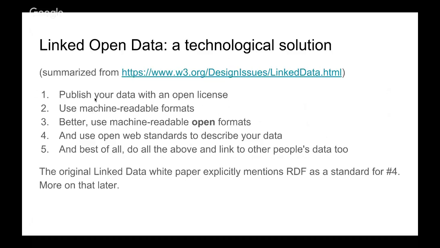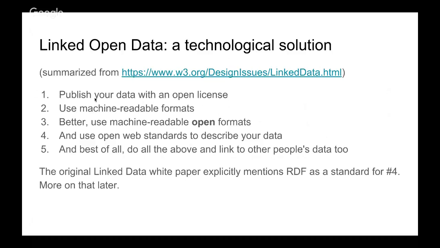And it comes with this idea of what he called 5-star linked open data, which I've tried to summarize here on the slide. The idea is you should publish your data. Obviously, you should publish it with an open license so that other people can take it and use it.